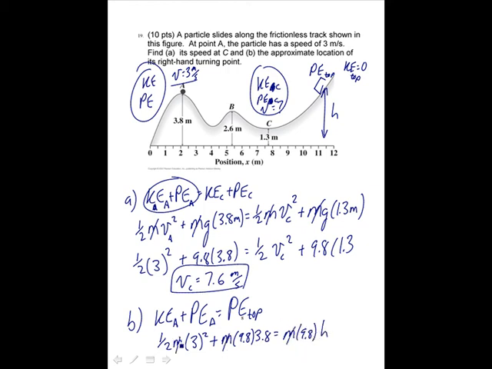All of our m's cancel, and solving for h, I get h to be 4.3 meters.